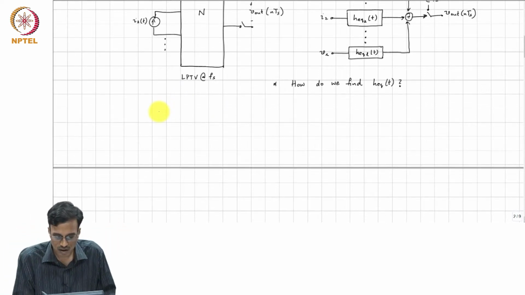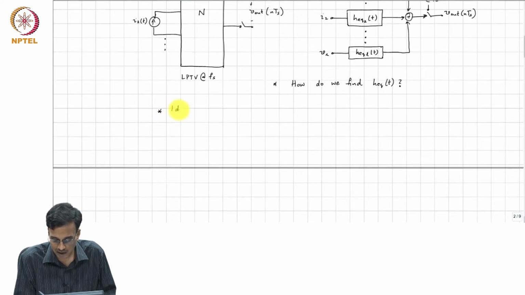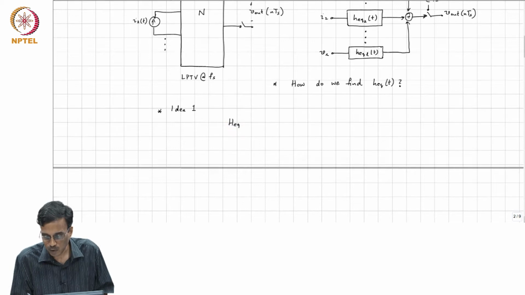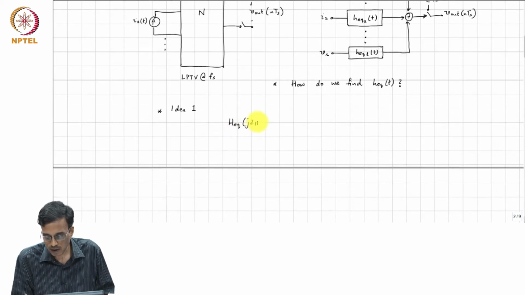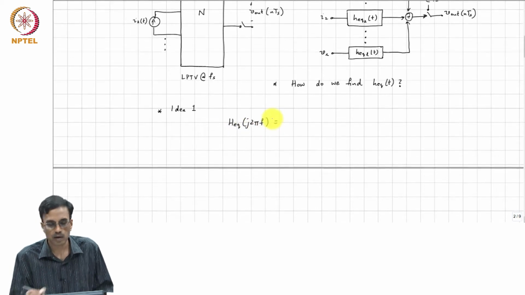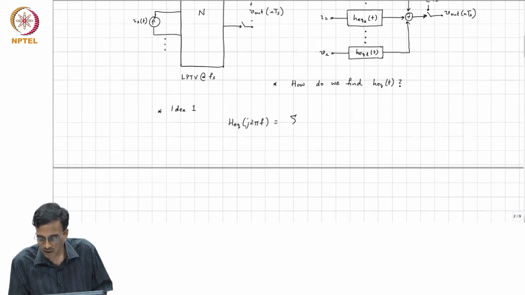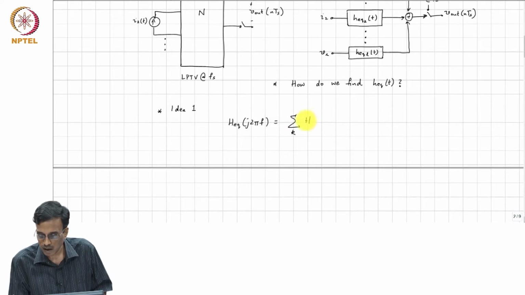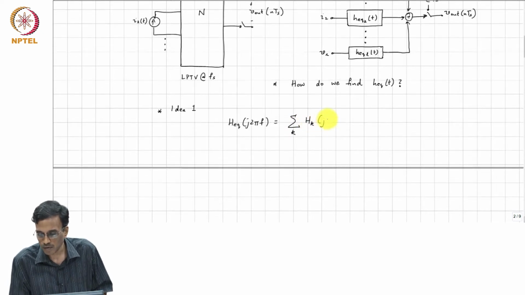Remember, we can think of many ways of doing this. The first idea, let us say, is to say, well, we know that H equivalent of j 2 pi f is the sum over k of H sub k of j 2 pi f.